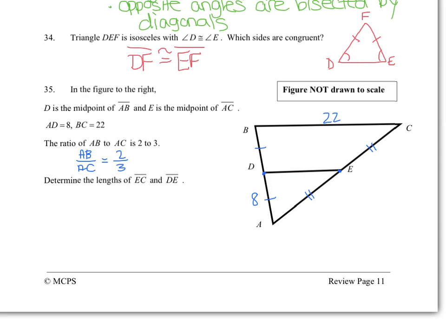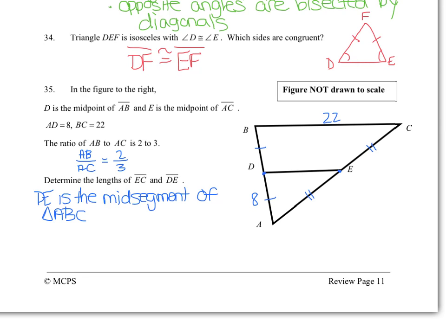Well, let's start with the fact that DE, all right, D is the midpoint of AB and E is the midpoint of AC. So DE is the midsegment of triangle ABC.